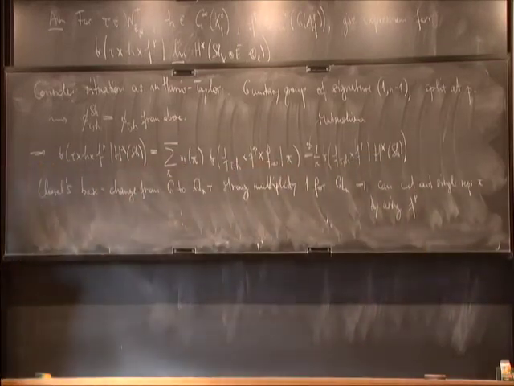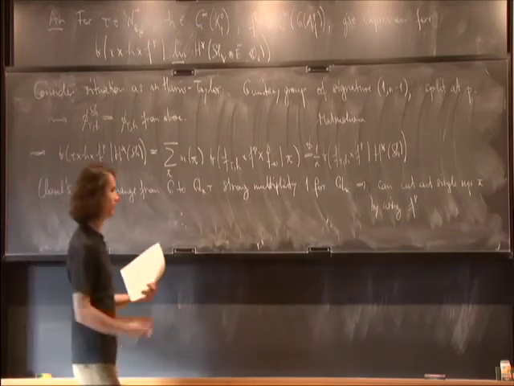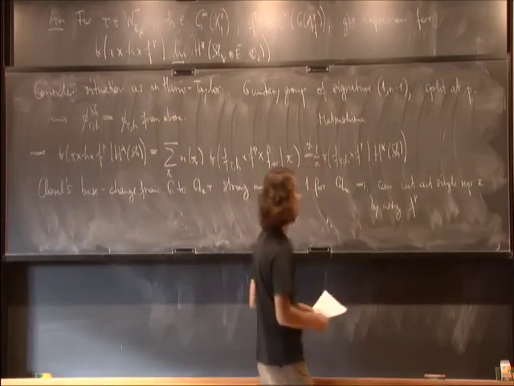Because one can show that the automorphic representation, its p part is already determined by its part away from p.